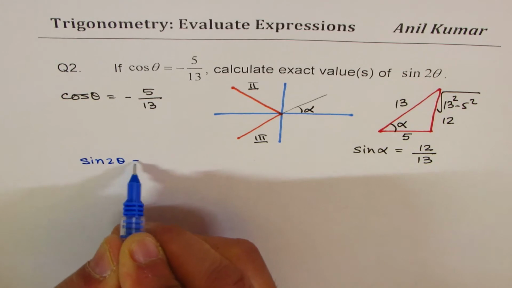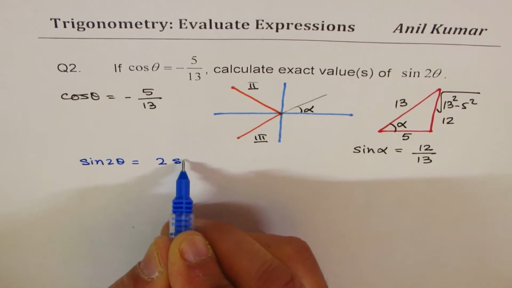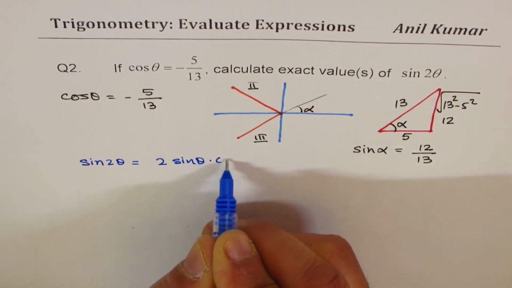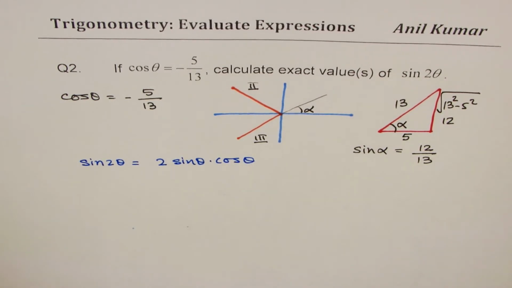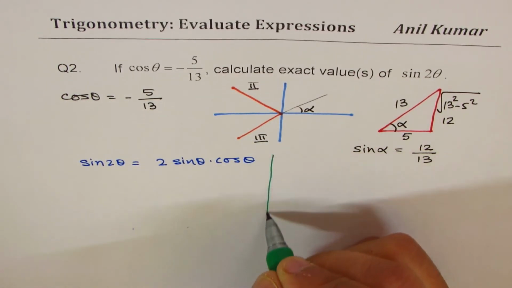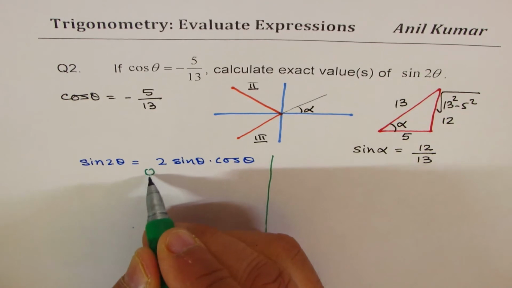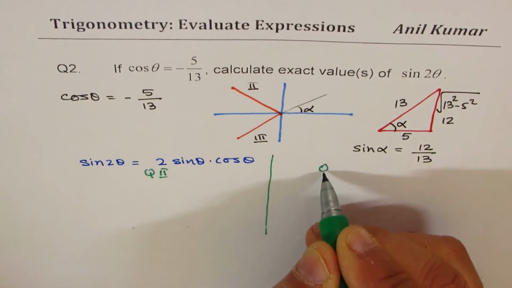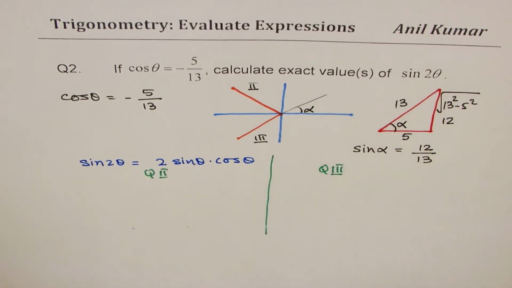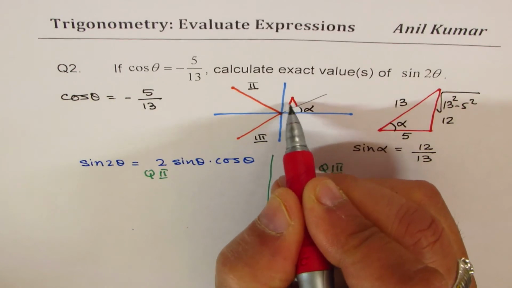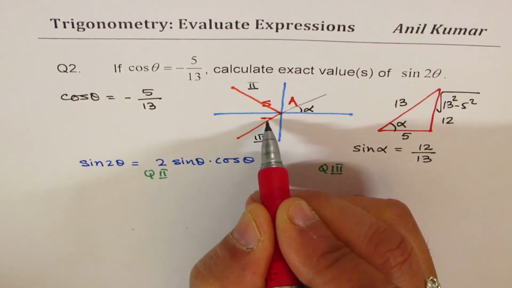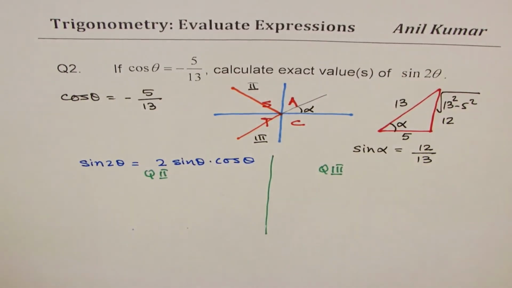Sine 2 theta can be written as 2 times sine theta cos theta. So let me divide this page into two portions, quadrant 2 and quadrant 3. In quadrant 2, sine is positive. All are positive in quadrant 1, sine is positive in quadrant 2, tan in 3, and cosine in 4.